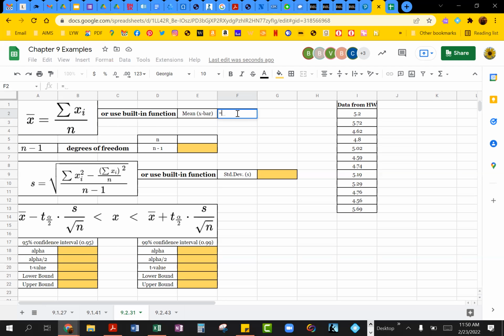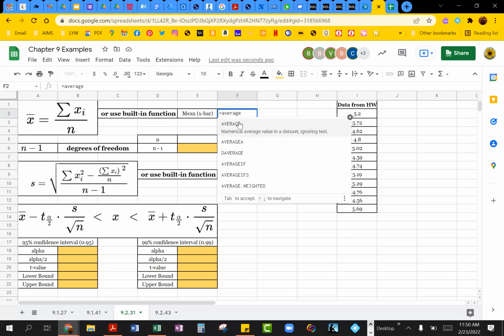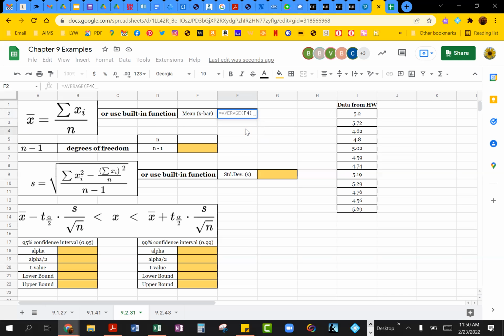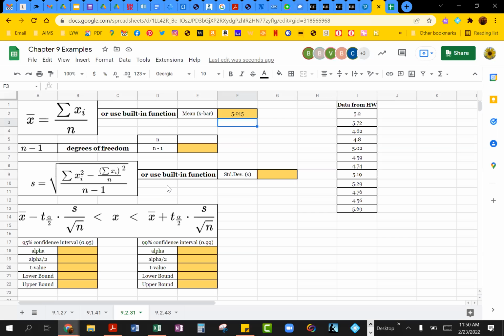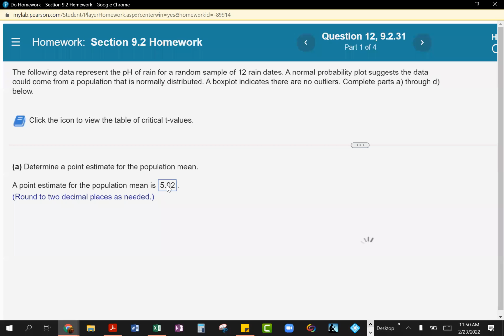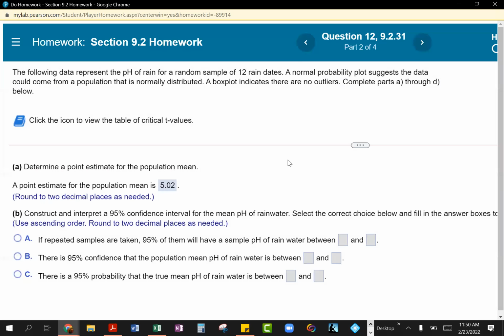If you just want to use the built-in function, remember that is the average function in Google. So average, and then you're taking the average of these data sets from our rain pH levels. So you've got 5.015. They wanted to round it to 2 decimal places, so 5.02, right? Check that. So that's your point estimate.